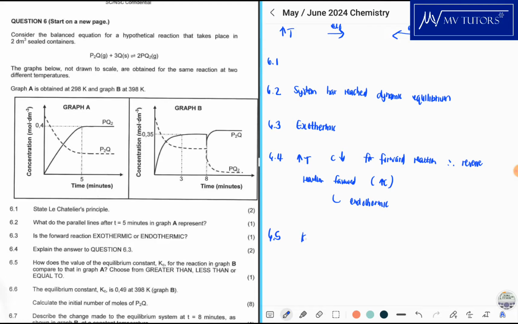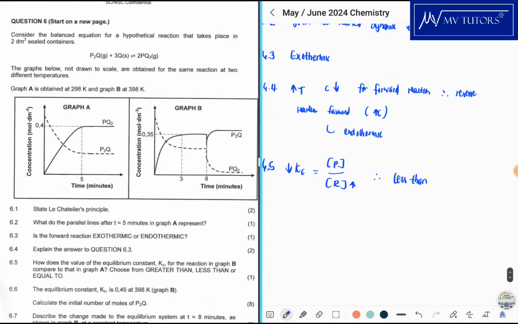If you write down your equation, it's the concentration of products divided by concentration of reactants, and we saw that our reactants are higher than our products. If your denominator is high, your Kc value will be lower. So the answer would be less than.